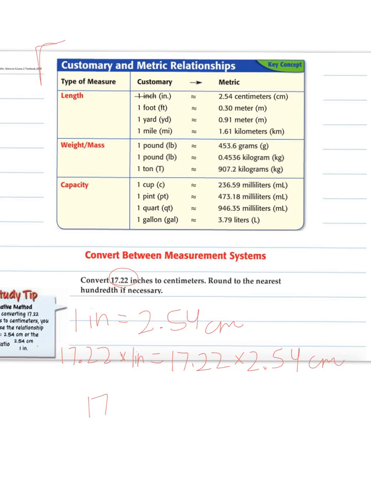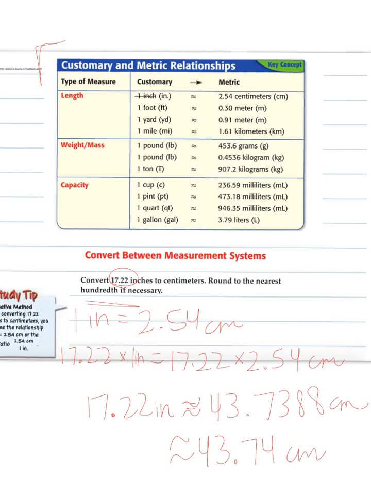So 17.22 inches is approximately, since we are rounding, 43.7388 centimeters. Now it told us to round to the nearest hundredth, so that means it is approximately 43 and 74/100 centimeters. So that is how we convert between the metric and the customary, just like we did before.